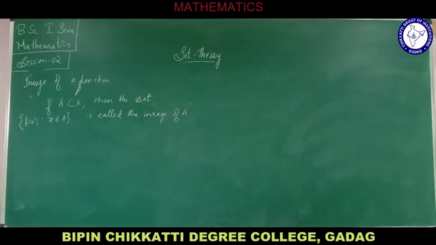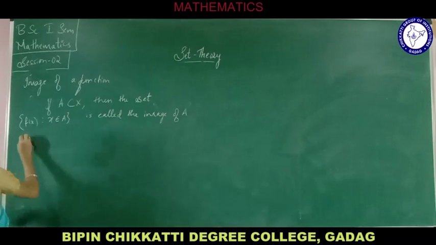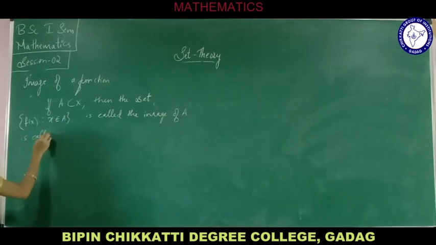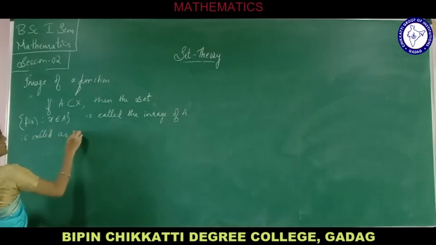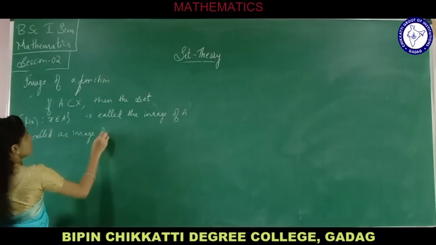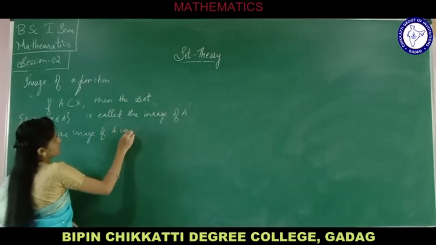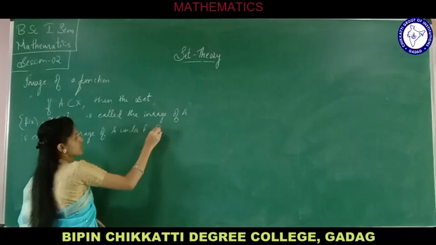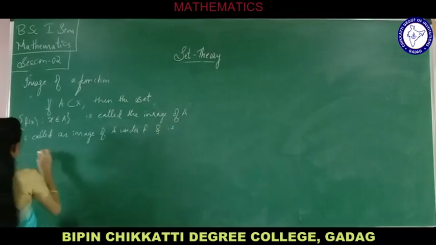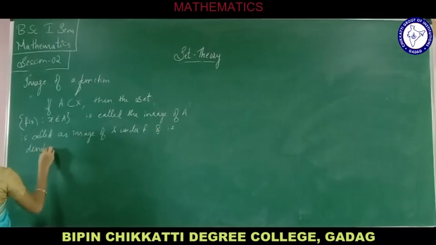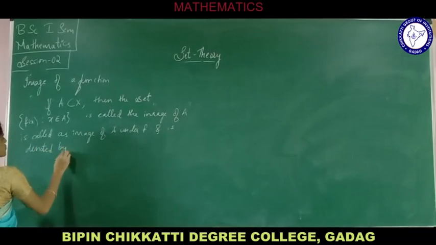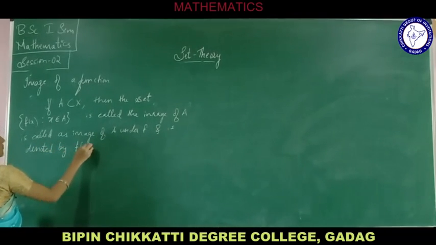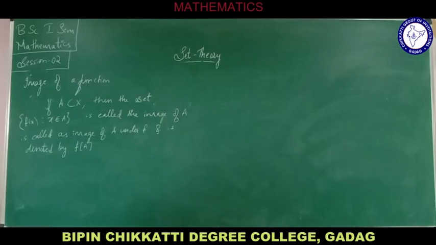It is called the image of A under F and is denoted by F of A. So how have we defined the image?